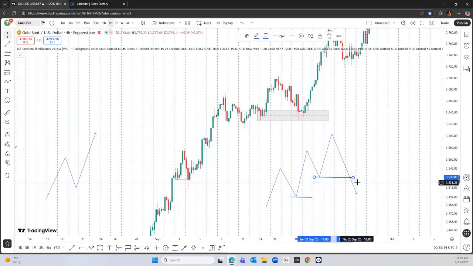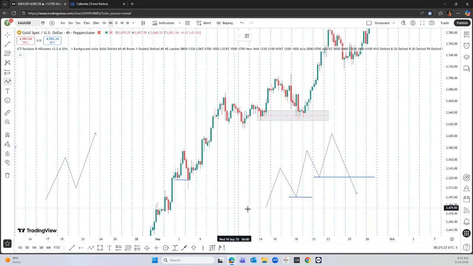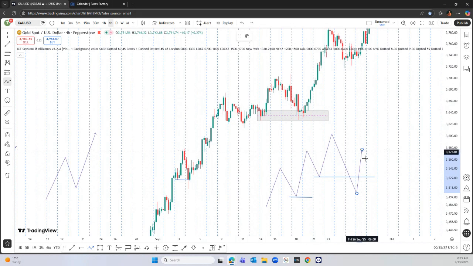The body of the candlestick has to close below this point. This is the point where we say we have a change of character, and that does not mean we start entering sells. We have to wait for a pullback, and then we start entering a sell opportunity.